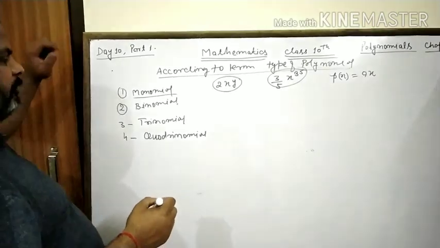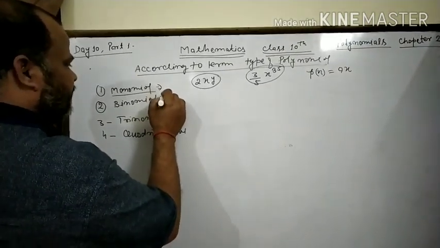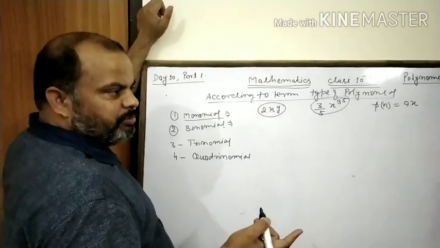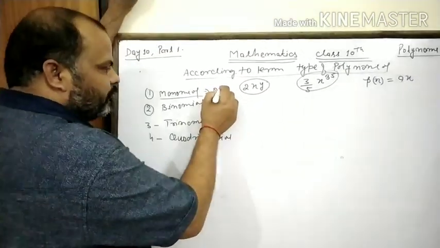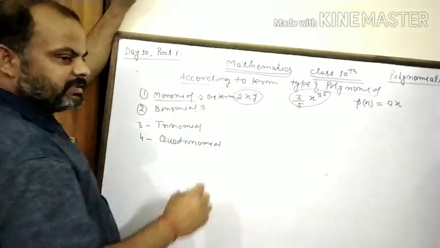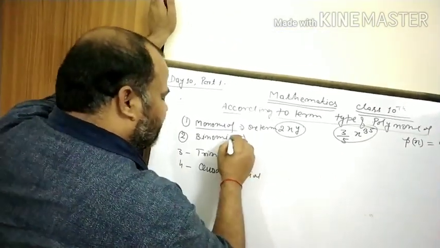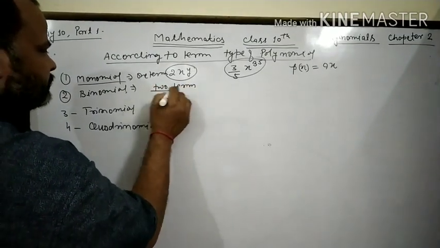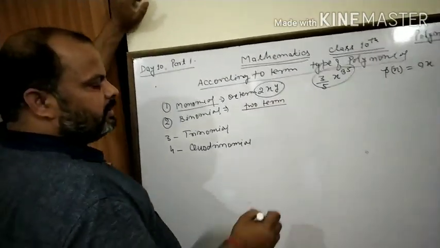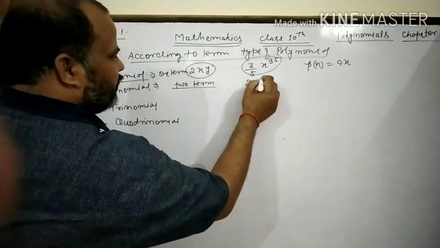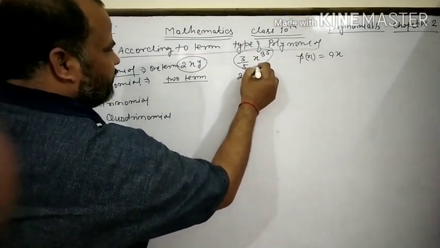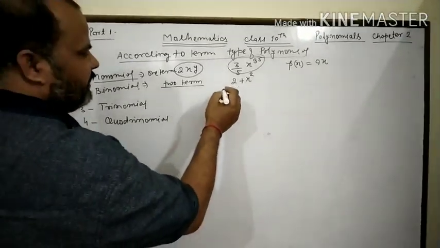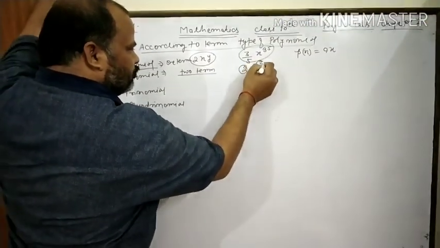In the same way, binomial: a polynomial having two terms. Monomial means one term, and binomial means a polynomial having two terms. Clear? Then 2 plus x square is a binomial because it has two terms.